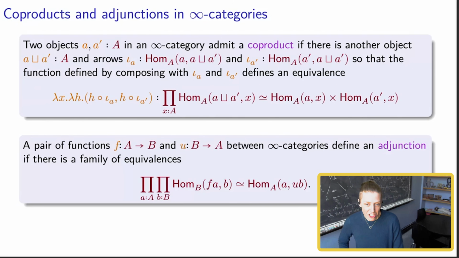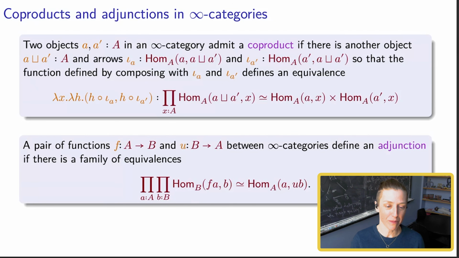And the notion of adjunction involves 2 different pre-infinity categories, A and B, and a pair of functions between them. Previously, I said functors between them. Here I'm saying functions because it turns out that any function between infinity categories can be regarded as a functor. So this is another instance where, in fact, some things become simpler in this formalism than in set theory.